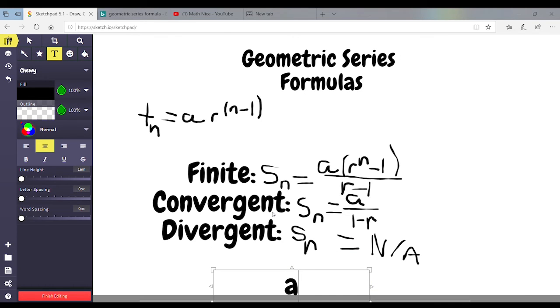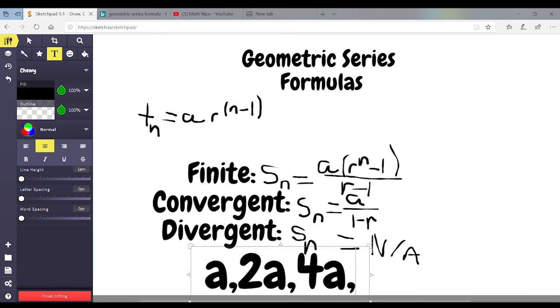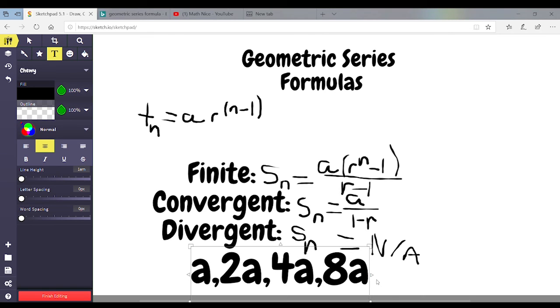So let's say you had a, then you had 2a, then 4a, right? Just keep multiplying it by 2, so 8a, you can tell it's just going up and up and up. There's no way to find the sum of all of these. Now with infinite series, you know you always have to go to the greatest number, and there is no greatest number for divergent series. It just goes to infinity.